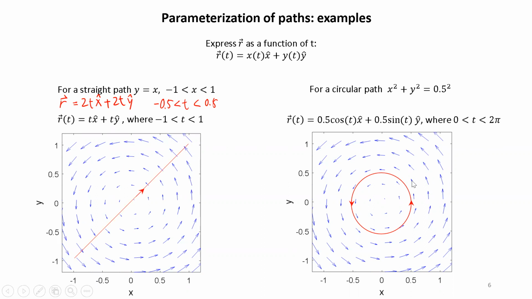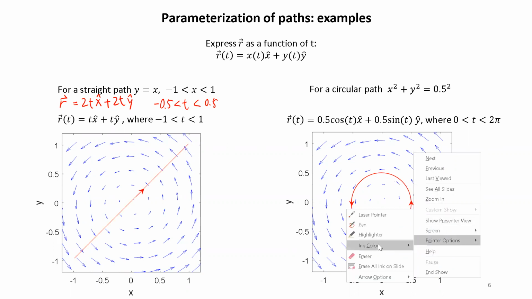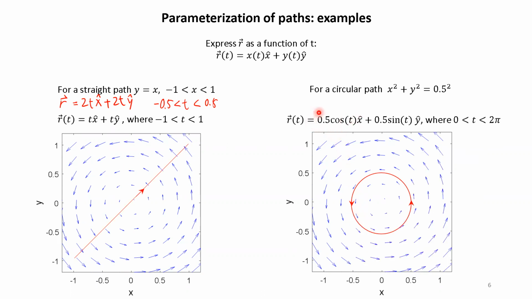So now, if I want to consider another kind of path that we'll use a lot, a circular path, what you can do is x equals the radius times cosine t, and y equals the radius times sine t. This is also something very standard, I believe. Because you just put this 0.5 cosine t here, and 0.5 sine t here, then you have 0.5 squared times cosine squared t plus sine squared t, and that is 1.